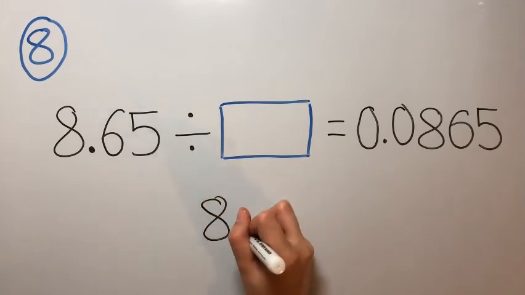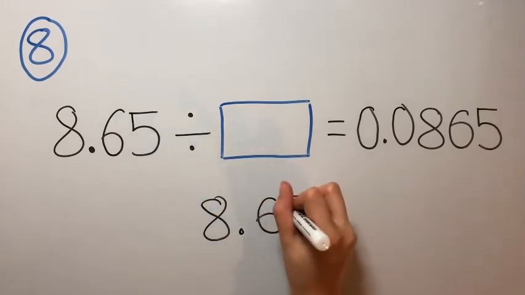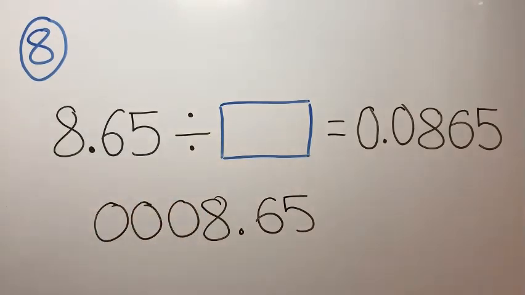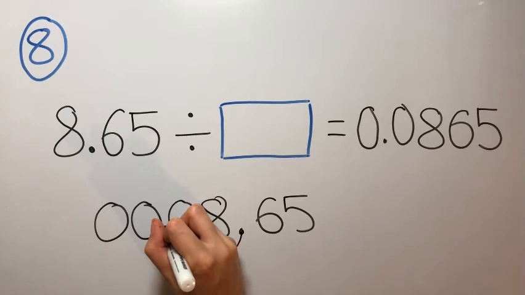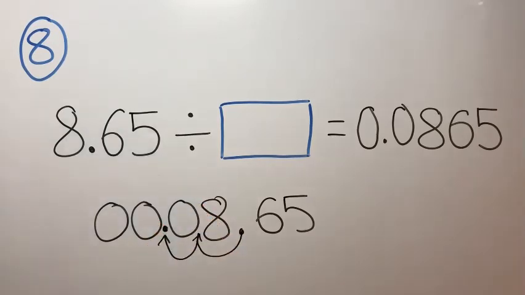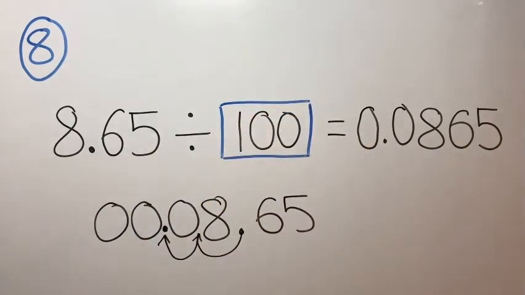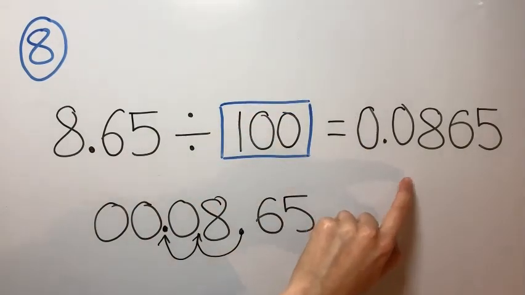If we write down our original number, we're going to see how many decimal places this number has been moved. 1 place, 2 places, and the decimal place is now here. The decimal place has been moved 2 places, which means that our original number has been divided by 100 to achieve this.